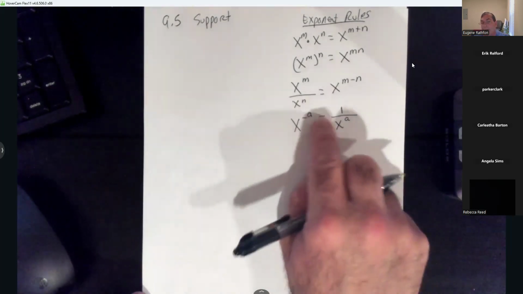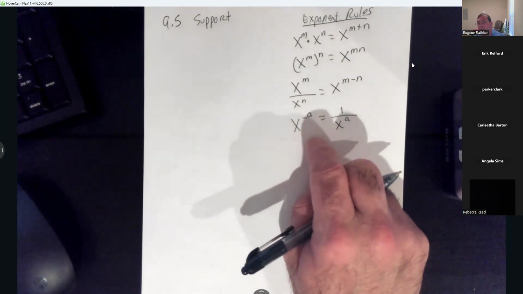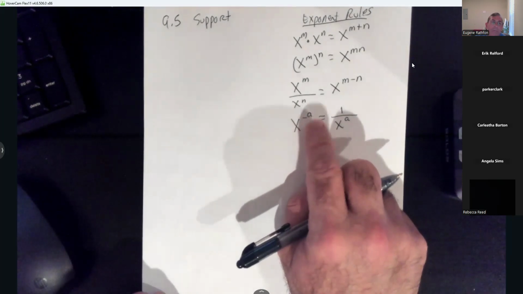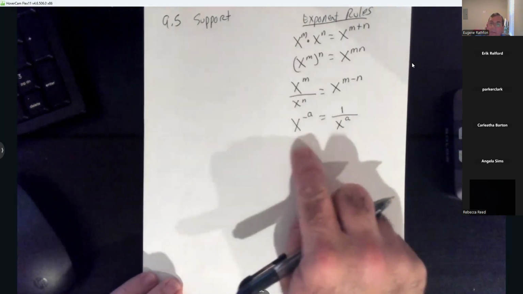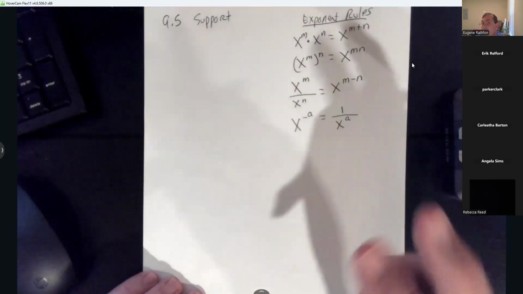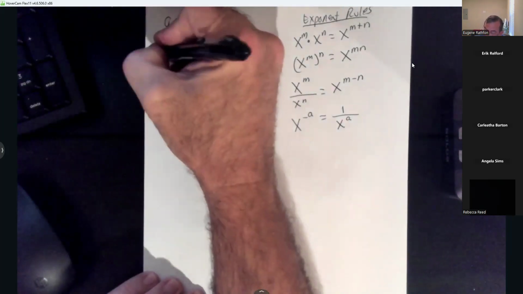So I basically flip it and make the exponents positive if they end up negative, okay? So that was what I was avoiding. If you subtract the smaller exponent from the larger, you can avoid negative exponents with those fractions, okay? All right, so that's the exponent rules. They sort of match the logarithm rules a little bit, okay? So let's try these examples.